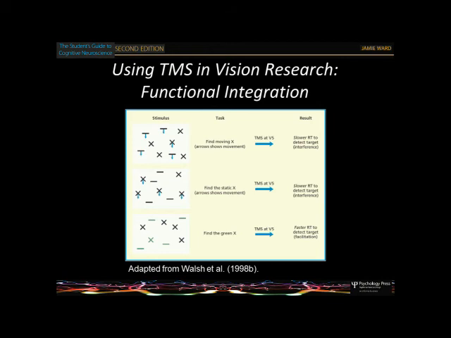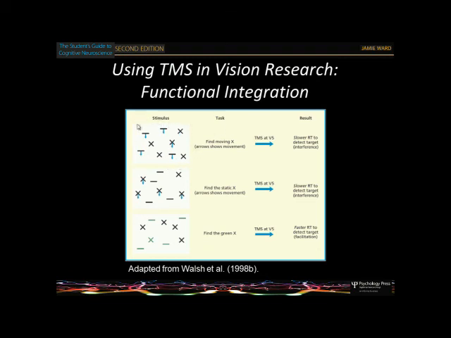But depending on how the brain is wired, TMS can also be used to look at how stimulation can sometimes improve function. V5, involved in seeing motion, can be disrupted so that it affects your ability to find a target that's moving.